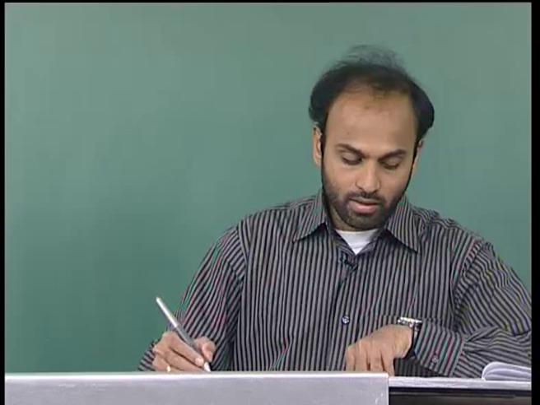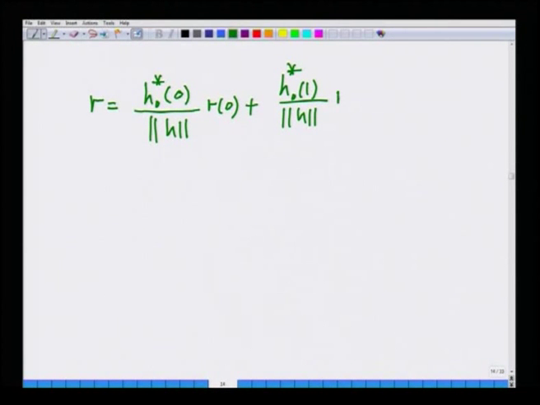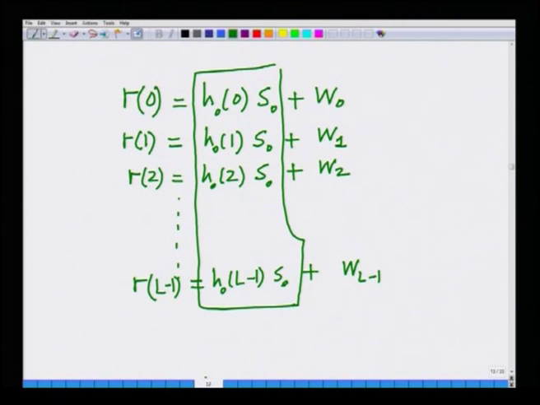So I will combine them as follows: h 0 conjugate divided by norm h times r of 0, plus h 0 1 conjugate divided by norm h times r of 1, plus and so on, up to h 0 L minus 1 conjugate divided by norm h times r of L minus 1. Remember, this is similar to the rake receiver.